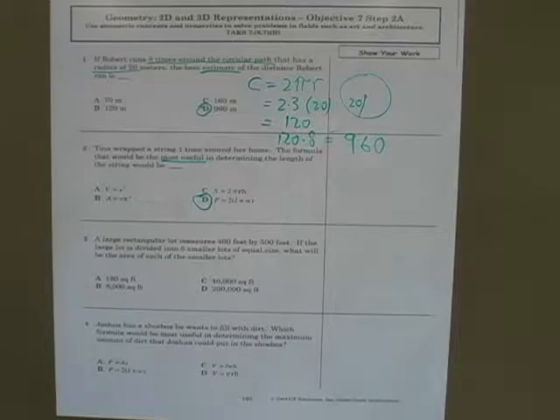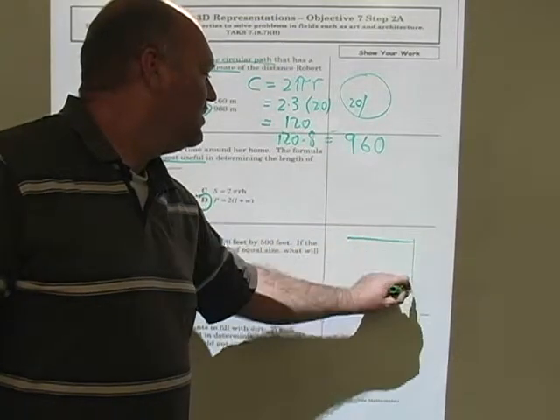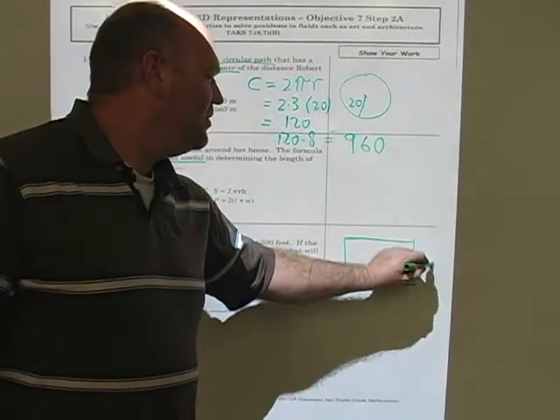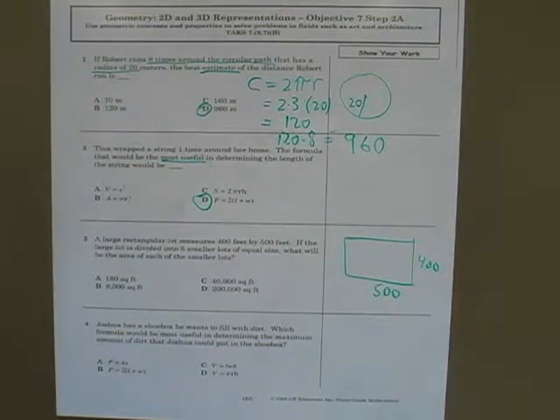Number 3, we have a rectangular lot that's 400 by 500 feet. If the large lot is divided into 5 smaller lots of equal size, what will be the area of each of the smaller lots?